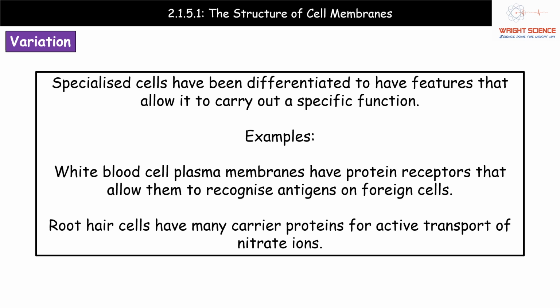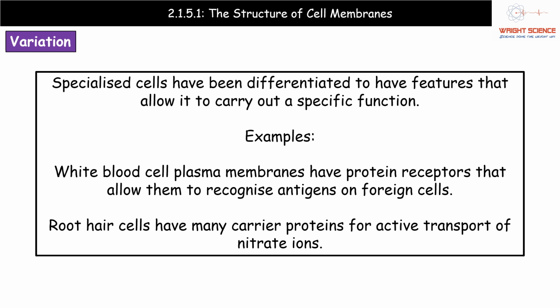So that means they're going to need certain adaptations to make them effective at doing that. So something like our white blood cells, they will have plasma membranes with protein receptors, all to do with recognizing antigens on those foreign cells.